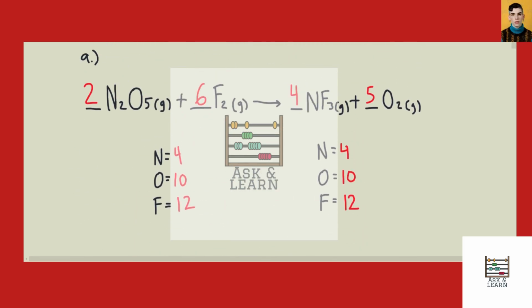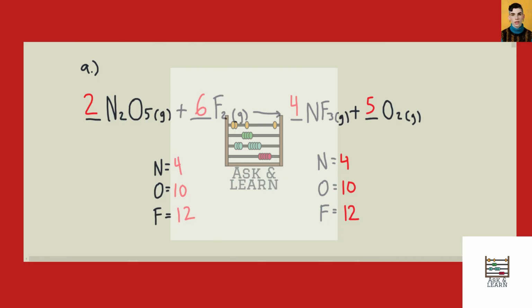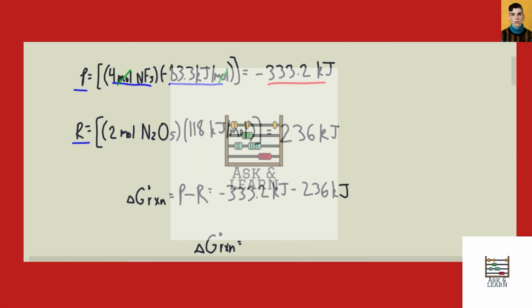And then for the reactants, again, since F2 is naturally occurring, we ignore it and only examine the 2 moles of N2O5. 2 moles of N2O5 multiplied by its respective value for the change in Gibbs free energy of formation at standard conditions gives us the total Gibbs free energy change of the reactants.